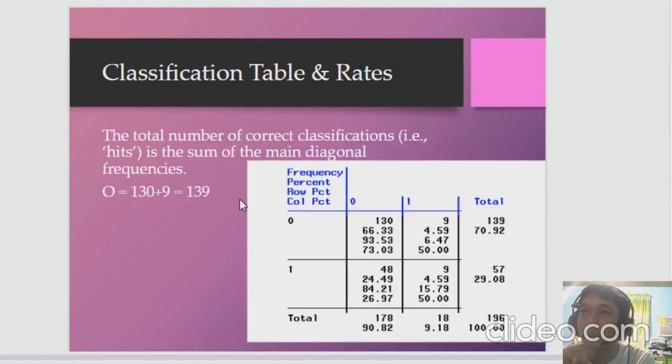This is the example. The total number of correct classifications, or hits, is the sum of the main diagonal frequency: 130 plus 9 is equal to 139.